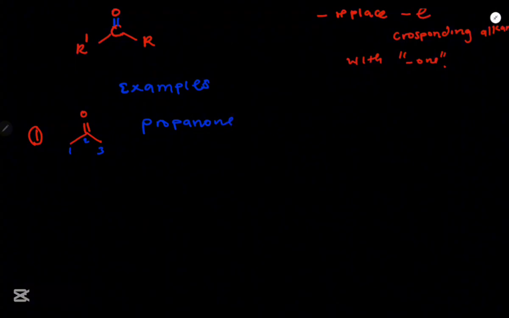So whenever your professor asks you to draw the structure of propanone, that's the structure of propanone. Now this propanone is the simplest ketone, but it is given a common name. The common name for this ketone is acetone.